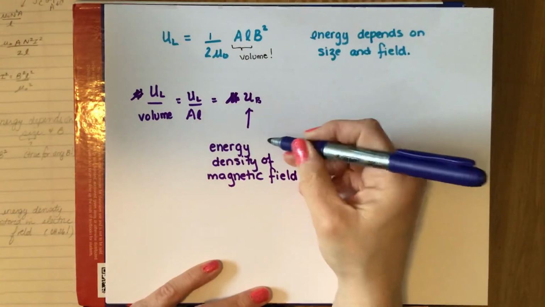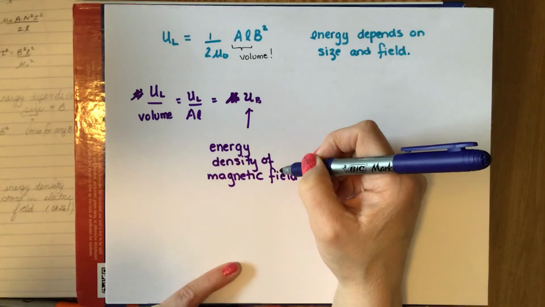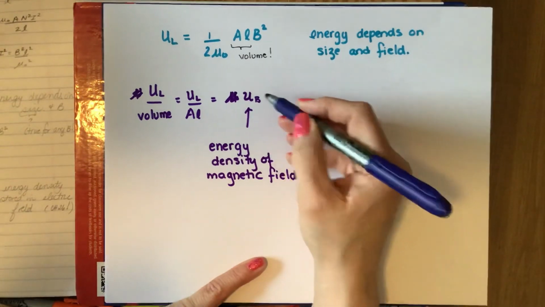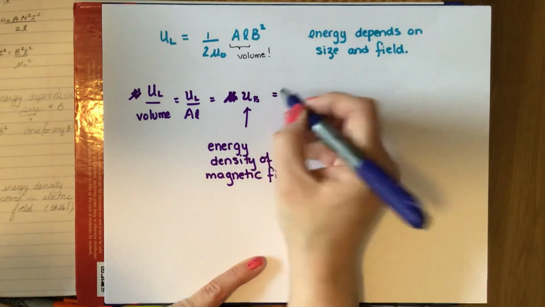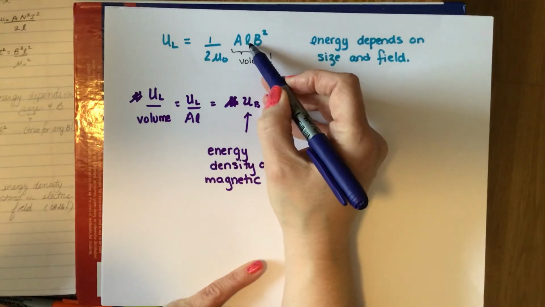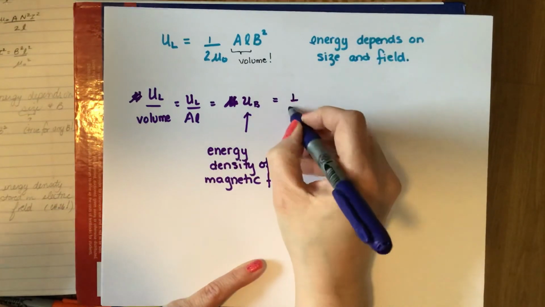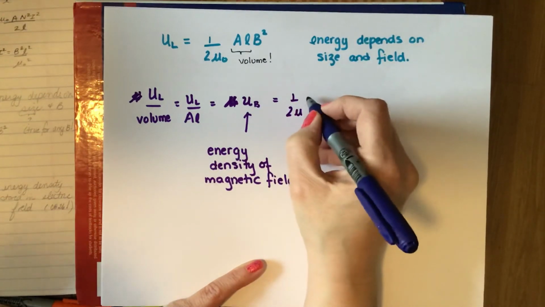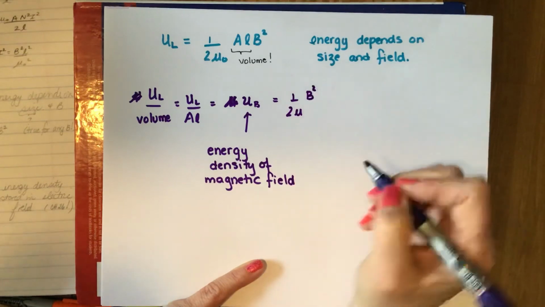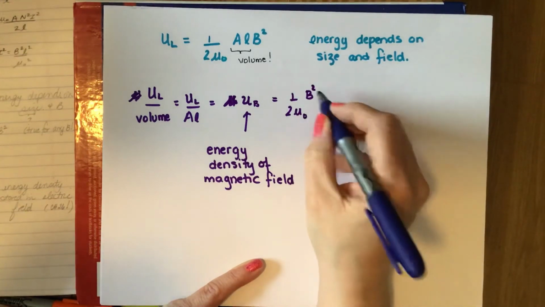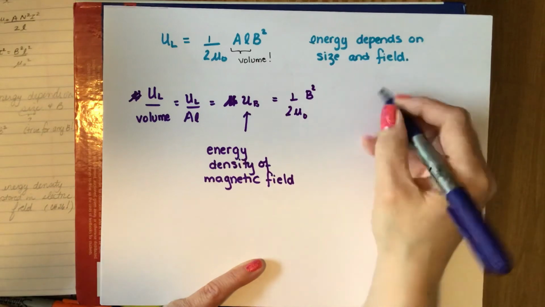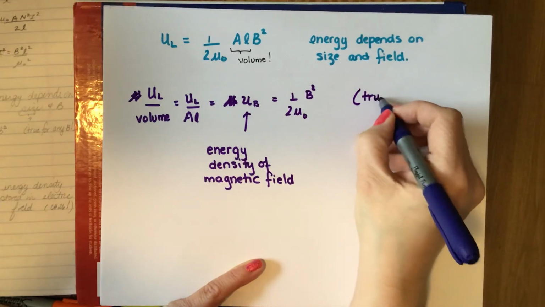That's just like when we did the energy density of an electric field with capacitors. So same sort of deal. It's the energy over the volume. So U over A times L gives us 1 over 2 mu naught times B squared. Something that's interesting is we solved this for an inductor, but it turns out this is true for any magnetic field.